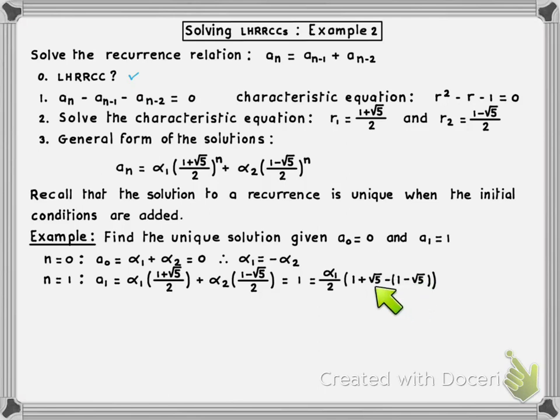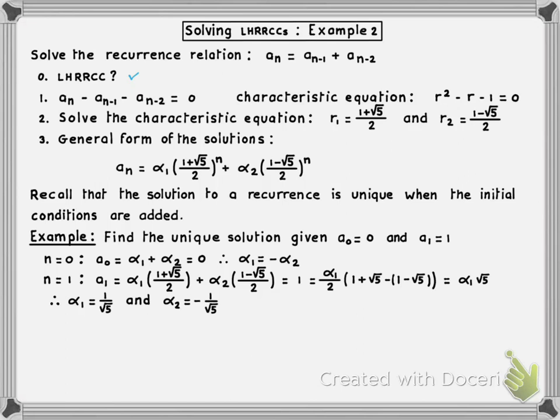We have 2 square root of 5, and the 2 will cancel out, so we get alpha 1 times square root of 5. Now this number must be equal to 1, therefore alpha 1 must be 1 over square root of 5, and because of this equality, alpha 2 must be minus 1 over square root of 5.